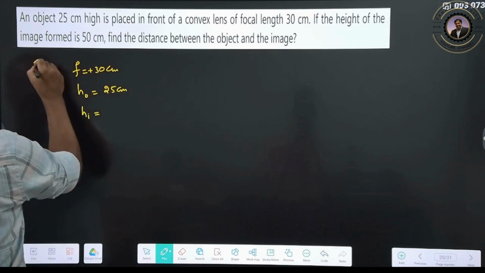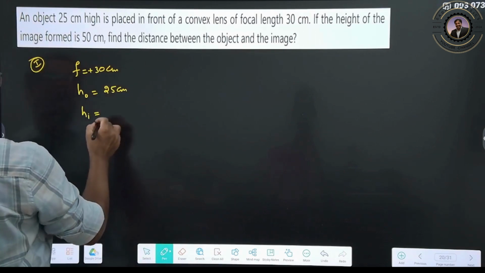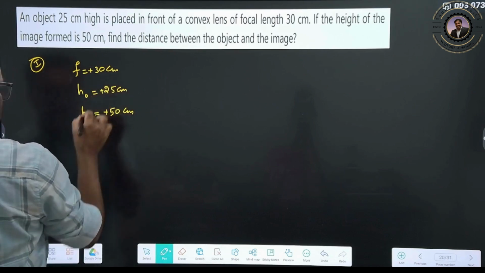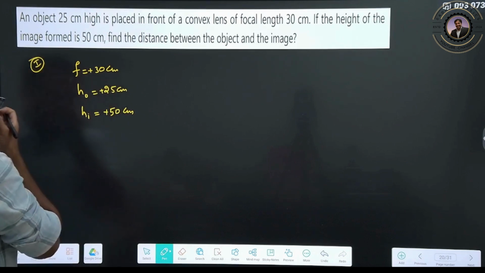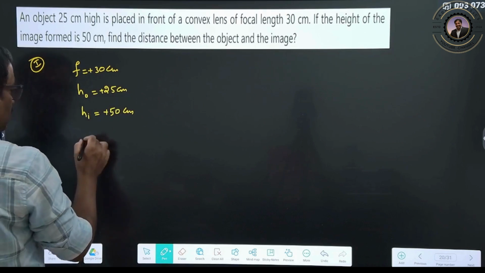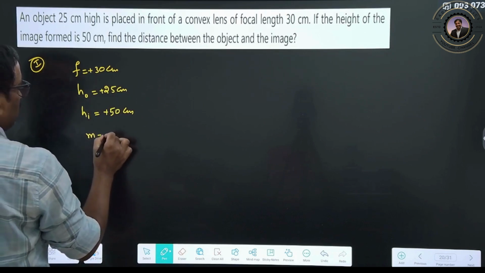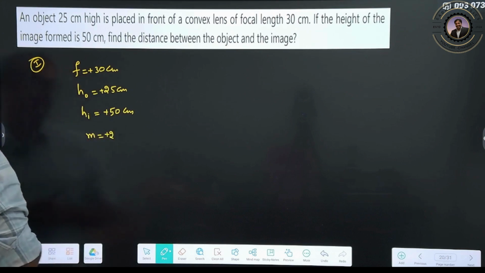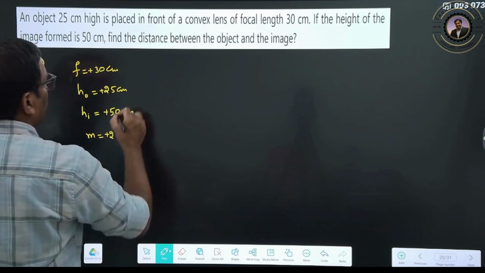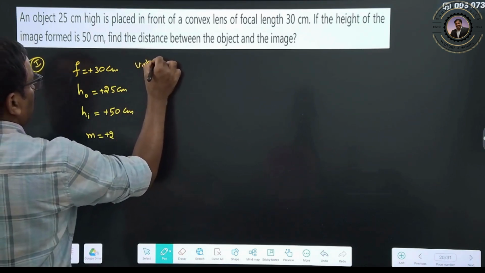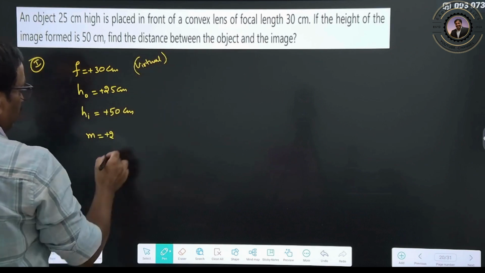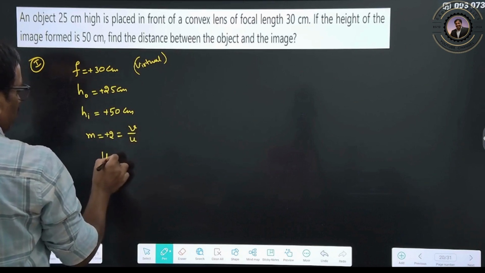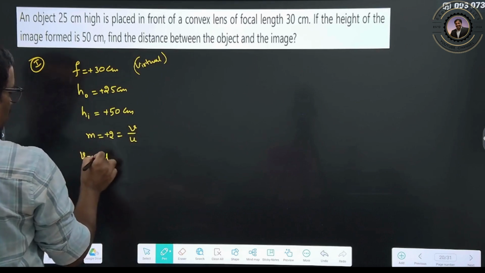First position: height of the image is about 50 centimeter, therefore here it is plus, here also plus. That means magnification is plus 2, which is for a virtual image. Therefore v by u, so v is equal to 2u.